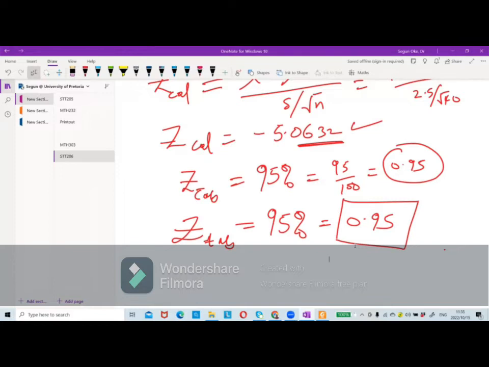What is the area we are working with in this case? The confidence level we are given is 95 confidence level. How do we solve it? Convert it to be 0.95.